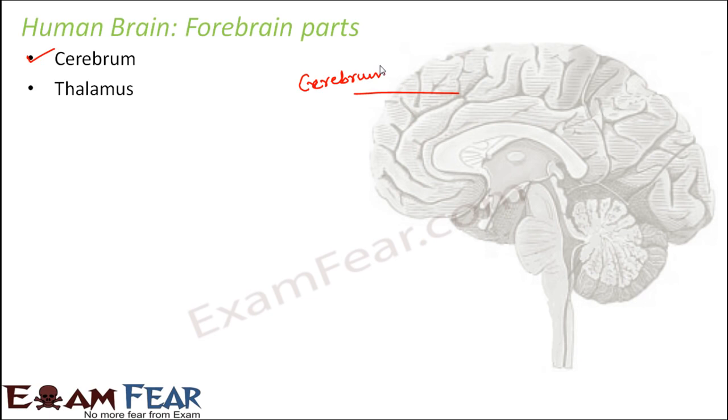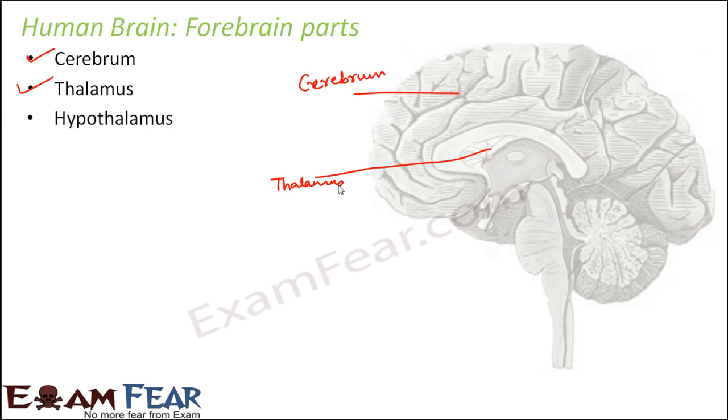The next part is the thalamus. It is present towards the base of the forebrain. Somewhere here in this region you have the thalamus.